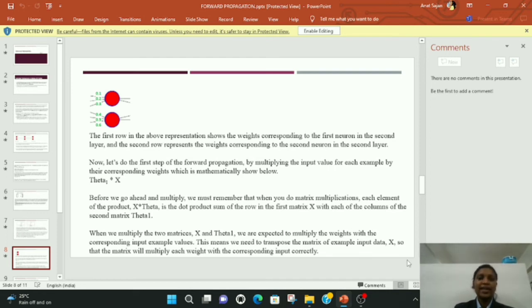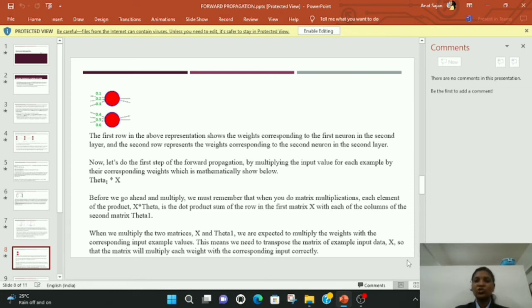Before we go ahead and multiply, we must remember that when you do matrix multiplication, each element of the product x into theta is the dot product sum of the row in the first matrix x with each of the columns of the second matrix theta 1. When we multiply the two matrices x and theta 1, we are expected to multiply the weights with the corresponding input example values.